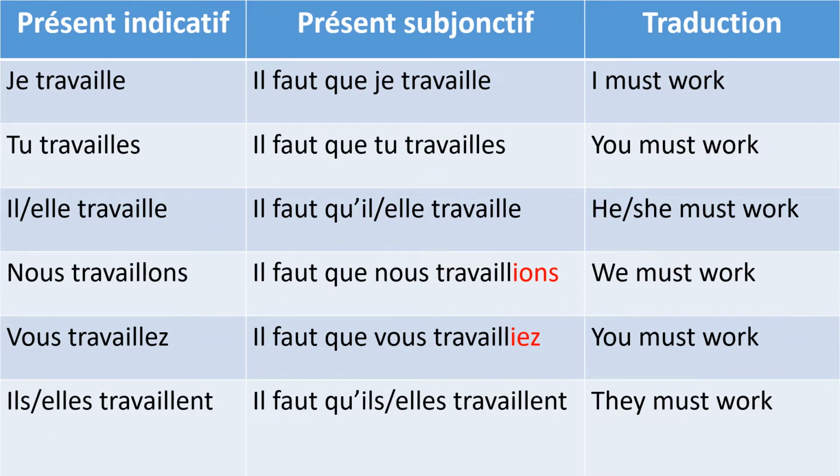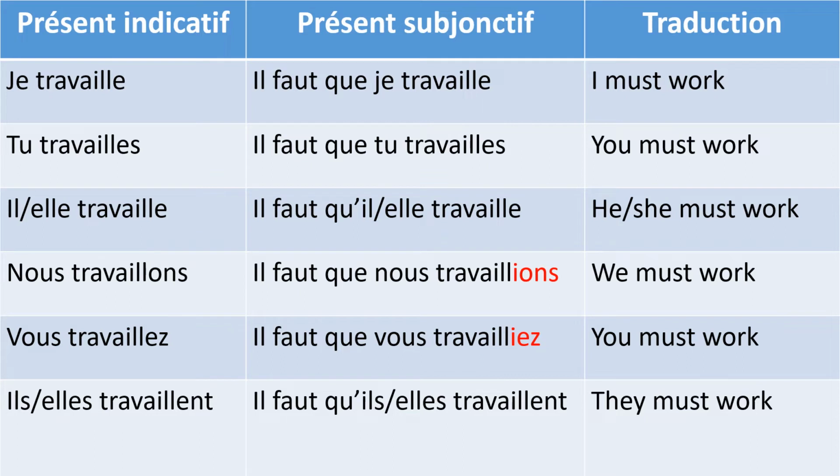All right? So here, the only difference is the I-O-N-S. And you're going to find that again with the vous, I-E-Z. Vous travaillez, il faut que vous travailliez. And then when we come back to the ils or elles, plural, we have travaillent, E-N-T, and it's exactly the same with the subjunctive present, il faut qu'ils ou qu'elles travaillent.